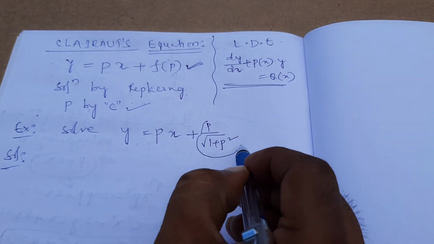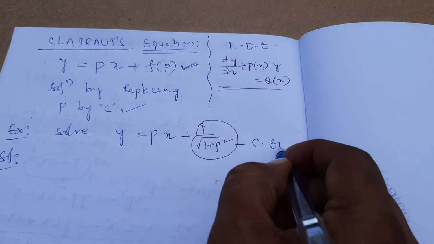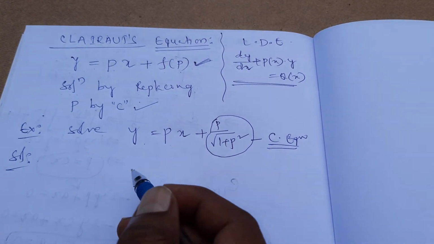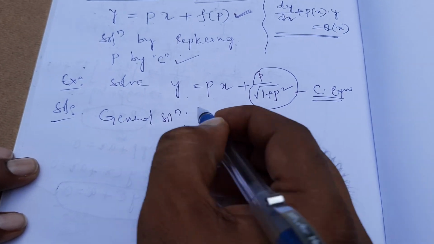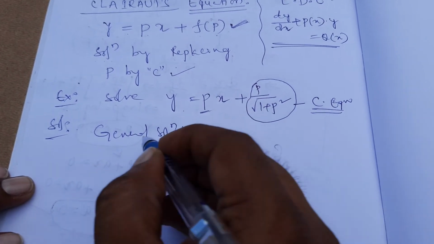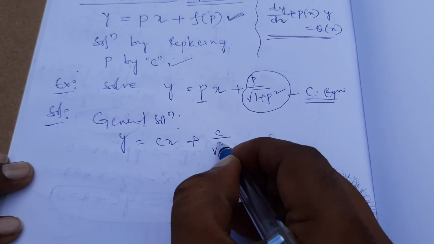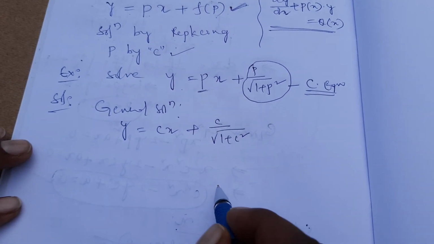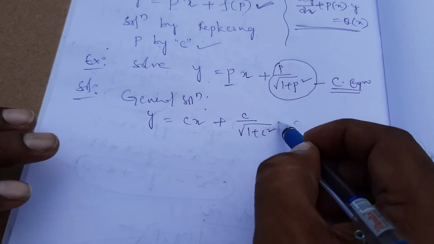Of course, f of p is this function. So this is nothing but Clairaut's equation. So for Clairaut's equation, how can you find the general solution directly? Simple method is there. Just replace p value by c. Then what you can get? y is equal to cx plus c by root of 1 plus c square. So directly, if they give in this model, easily you can identify.